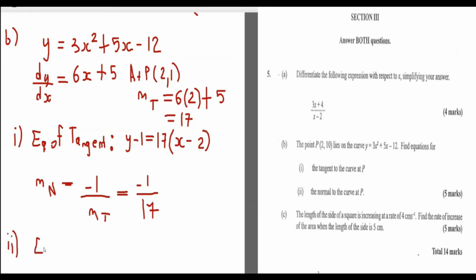All right, we can find the equation of the normal. So the equation of the normal is going to be y minus y1, so it's y minus 1, and that's equal to the gradient of the normal, which is minus 1 over 17, into x minus 2.